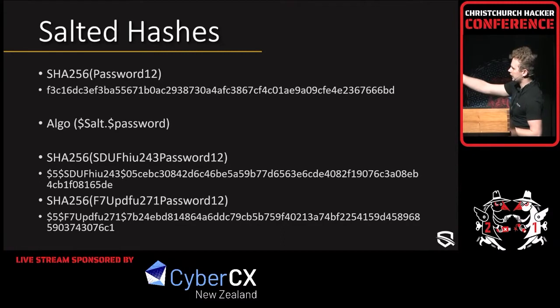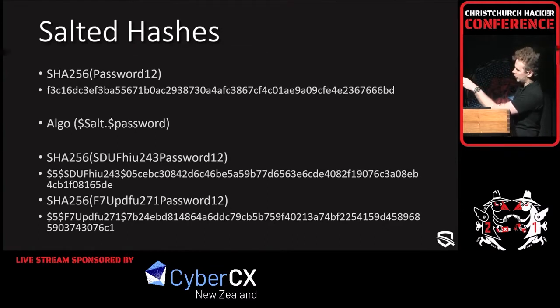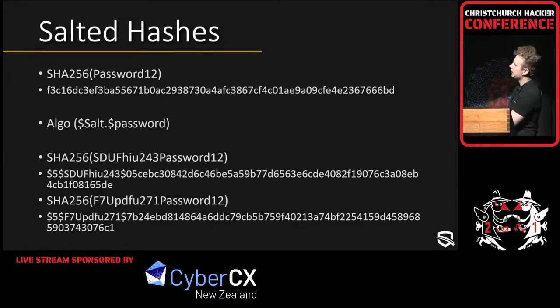This is the way that hashes get stored in the etc shadow file for the SHA-256 algorithm. The $5 is the SHA-256 hash algorithm, another $ as a separator, then we've got the salt value in there, and then another $ as a separator.